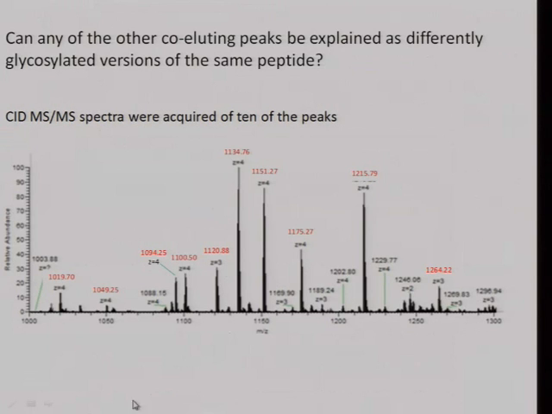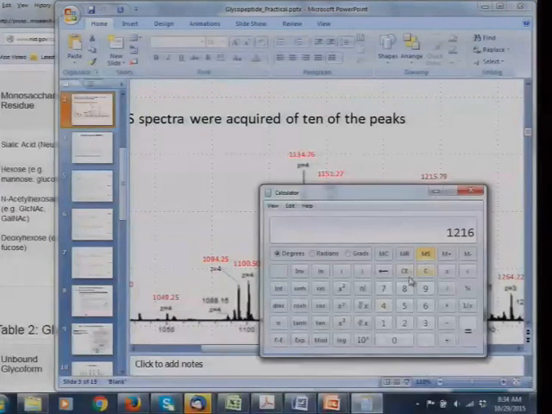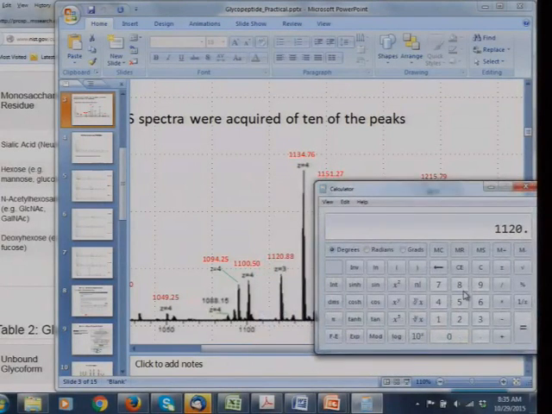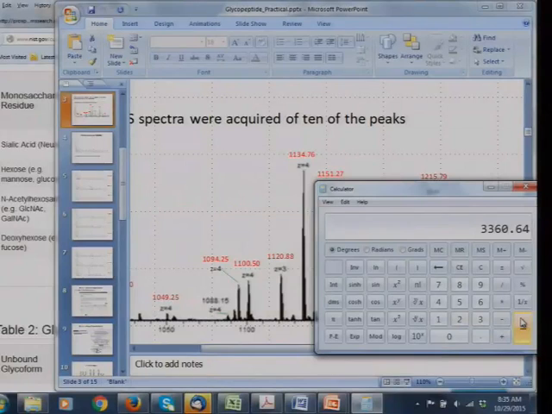Well, let's not do roughly speaking. Let's do it exactly: 1120.88 times 3. So the mass of this glycopeptide is 3360.